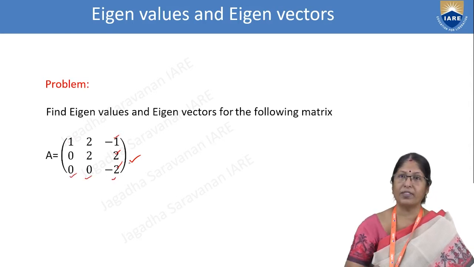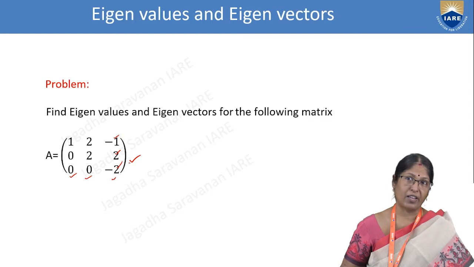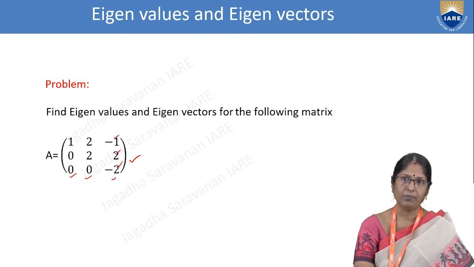Before this problem, we just did a small problem in which capital A is given and capital X is given. Both are given. But in this problem, only capital A is given.